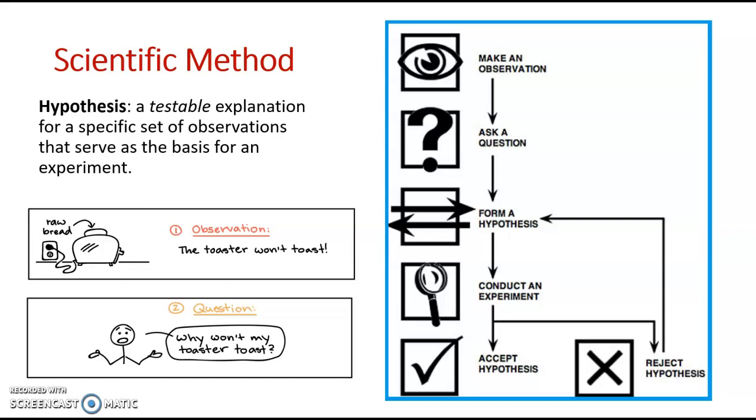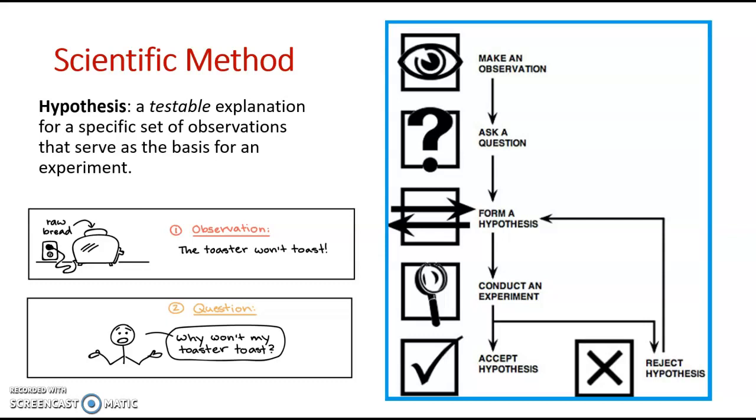Perhaps there's nothing wrong with my toaster at all, and I'm going to test my outlet. This is testable by getting another electronic device that I know functions. So say I grab my box fan, and I know that my box fan works because I plugged it into another outlet and it has been functioning. So I take my box fan, I unplug my toaster and I plug my box fan into the wall. And my box fan turns on.